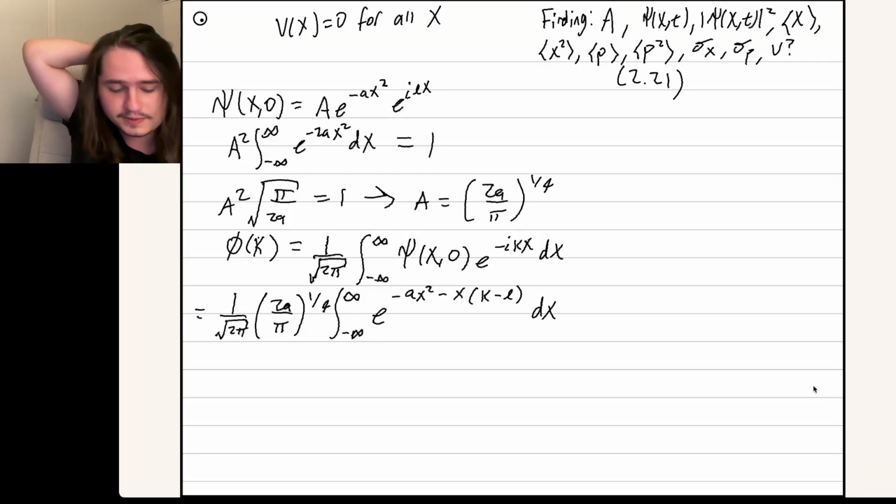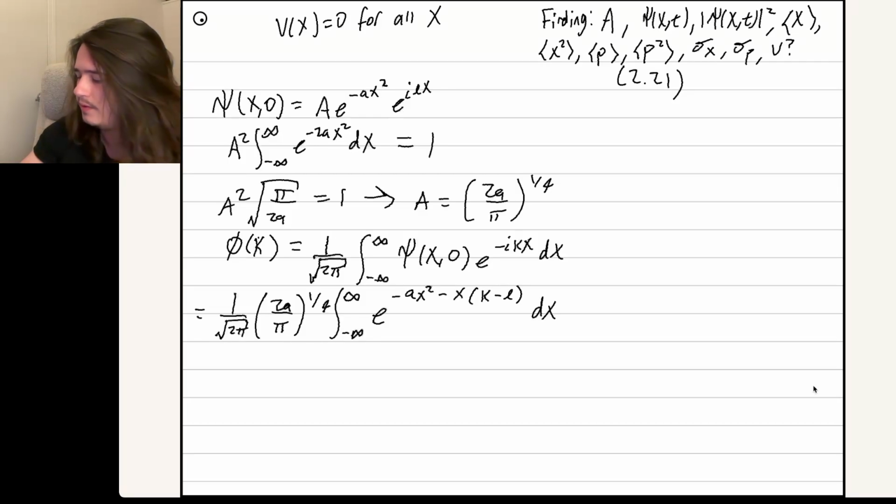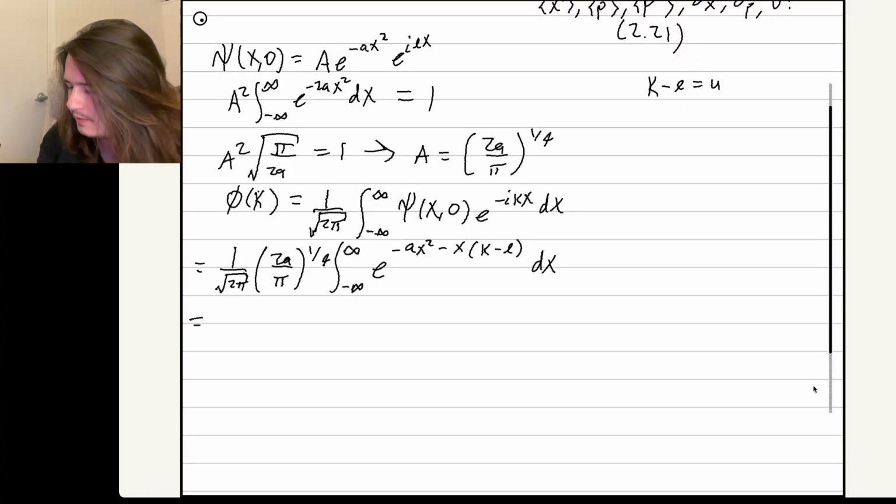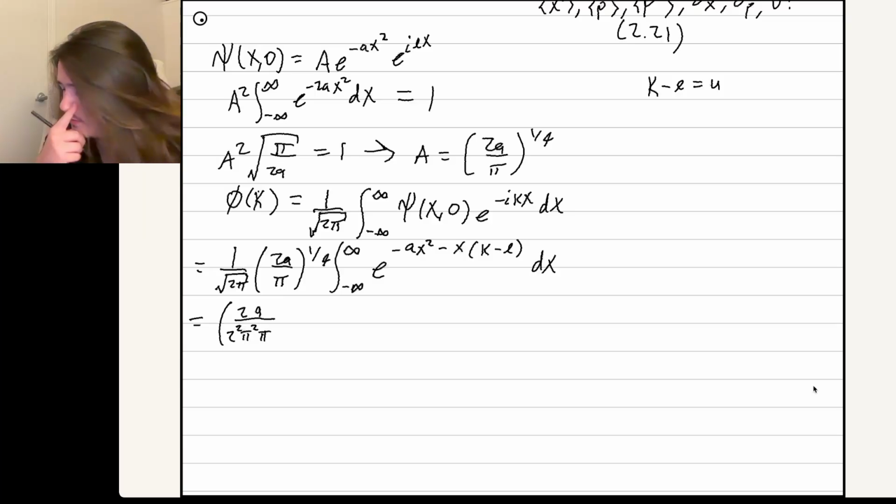Griffiths suggests that we do the substitution of k minus l equals u for this part, so let's just go ahead and do that, and also start simplifying the prefactor because we're going to move the radical into the 1/4, so we're going to have 2 squared pi squared on top of our pi that's already in there to the 1/4.